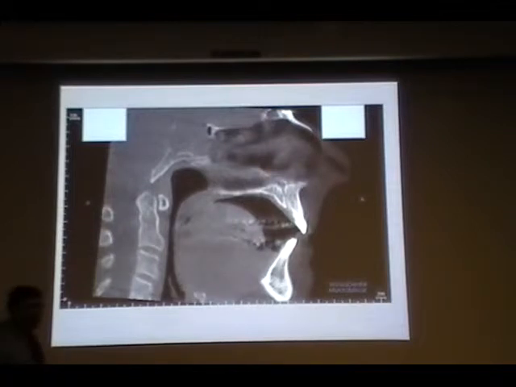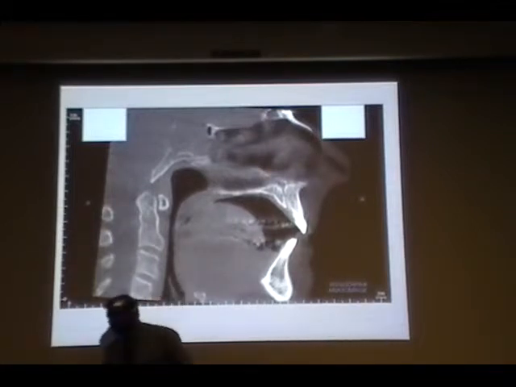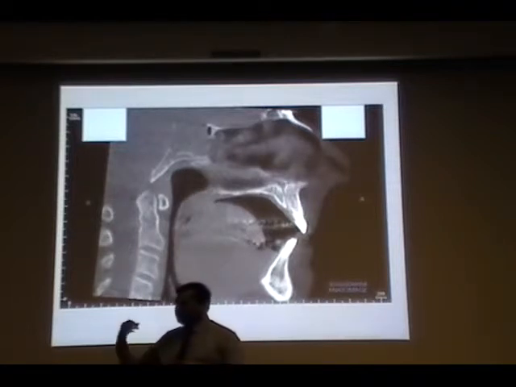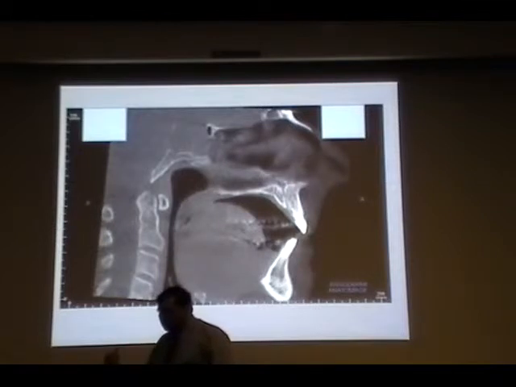Is the radiograph blocked by everything else? When you're looking at the anatomy, you're going to look by slices only. You cannot look at the complete picture. That's the beauty of this CBCT.